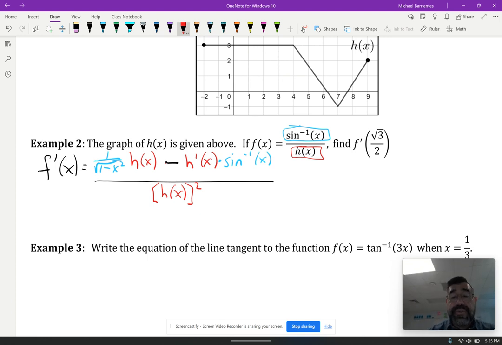Well, this is the derivative function, but they want us to figure out a derivative value at the point square root of 3 over 2. So then here I'm going to say f prime at square root of 3 over 2 is 1 over the square root of 1 minus, I'm running out of space here and I'm imagining you are too.